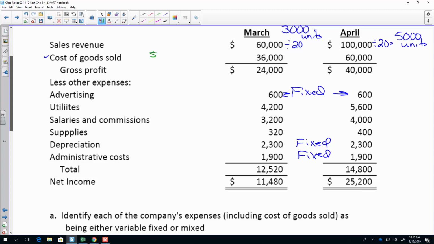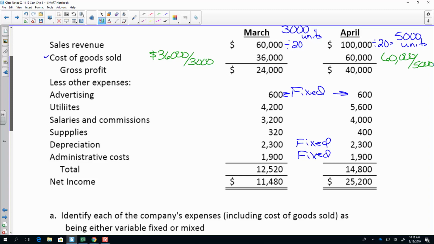To identify the variable next, I take the cost divided by the activity level. Cost divided by the activity level. What's the definition of variable? Cost per unit is what? Cost per unit is the same, right?